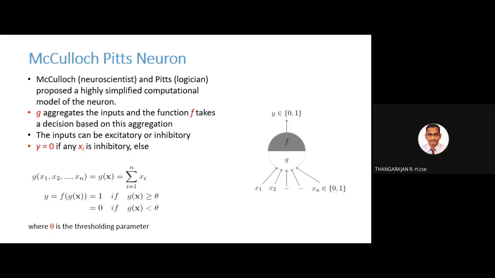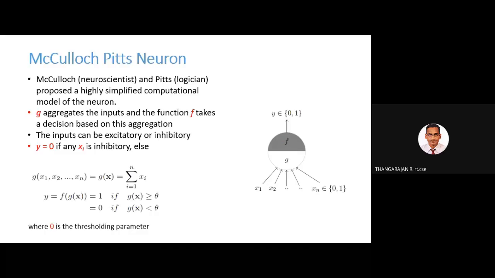Another thing I told you is that if any one of the inputs x1 to xn, or more than one input, happens to be an inhibitory input, then the output is always 0. This is what you have to remember as far as the McCulloch-Pitts neuron is concerned.